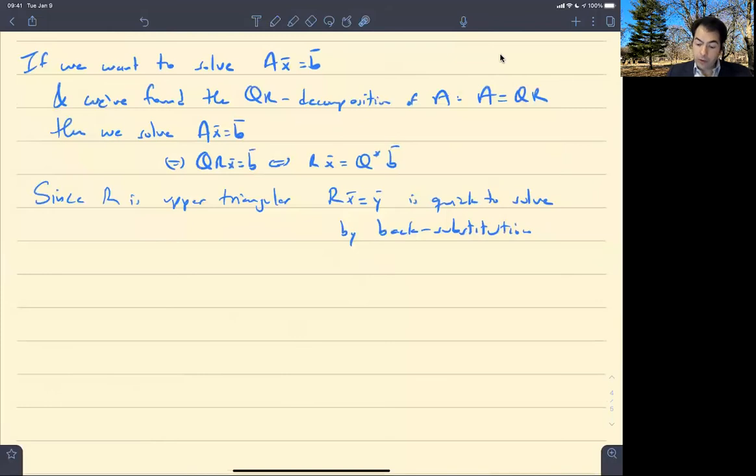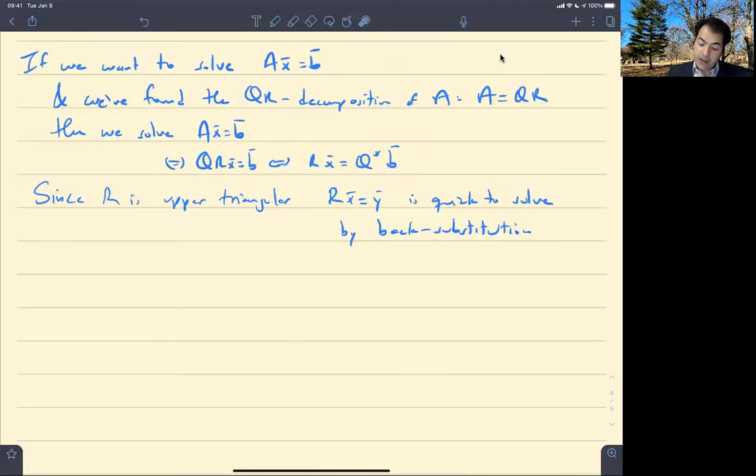Great. So this is how you solve Ax equal to b if you have the QR decomposition, right? So you can compute the inverse of Q very quickly, and so this will be very quick. And then you're left with an upper triangular system, which you can solve very quickly using back substitution, as we saw when we studied the LU decomposition.